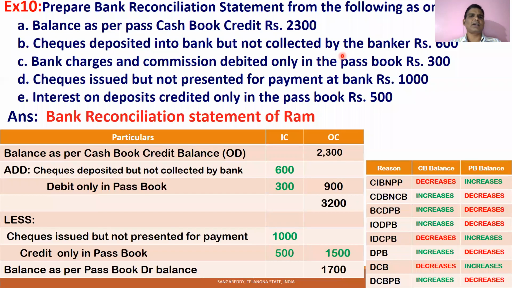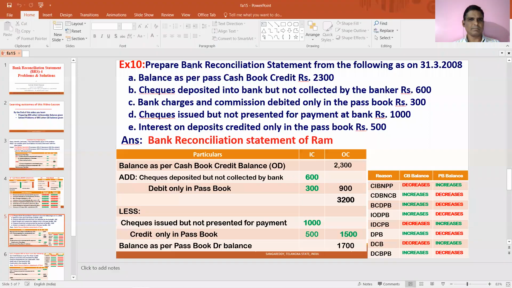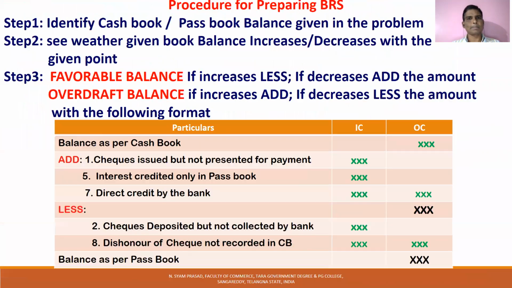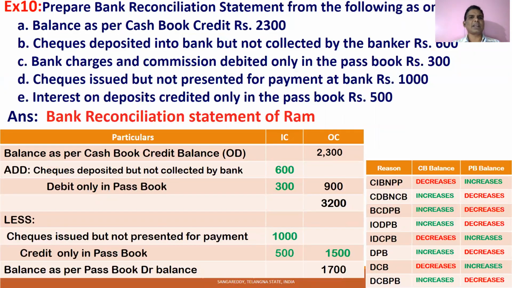Balance as per cash book, a credit balance. You know very well, cash book credit balance means OD balance.